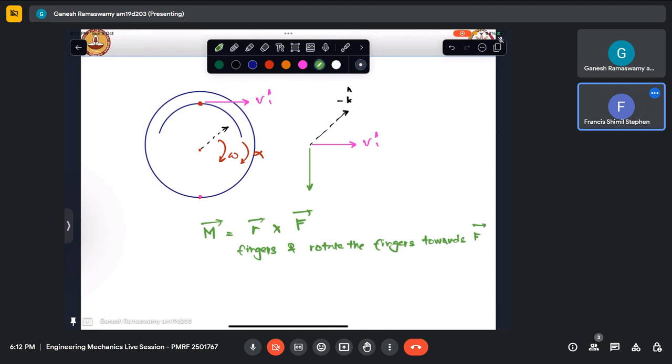The plane will be our palm. F will be perpendicular to that palm.